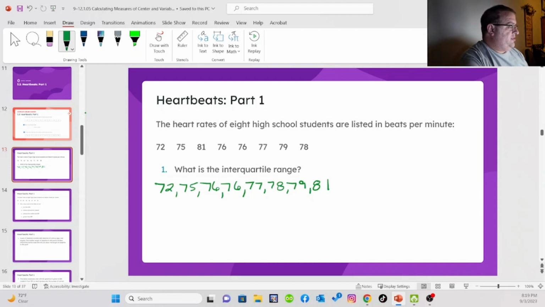We can always start with our minimum, which is our lowest number, our maximum, which is our highest. Our median divides this data set in half.